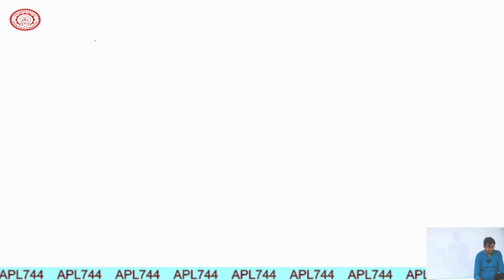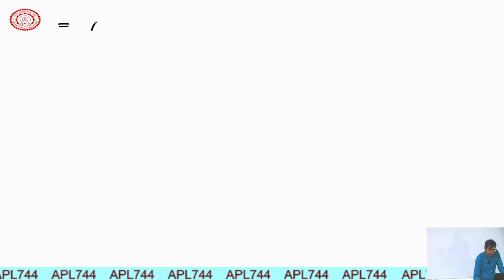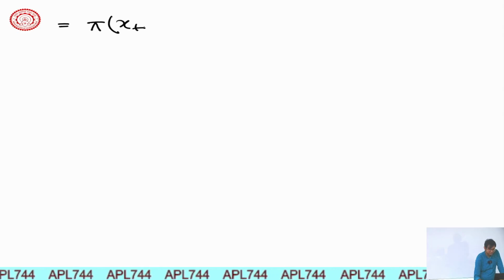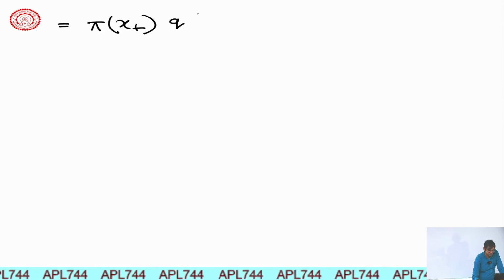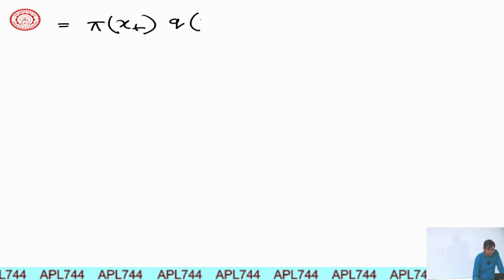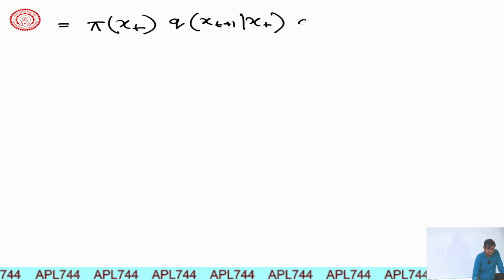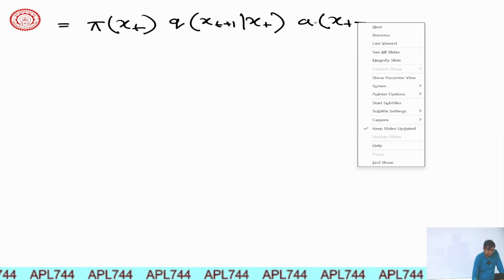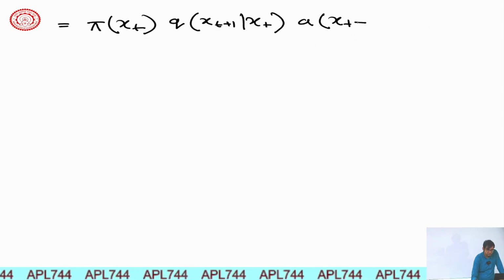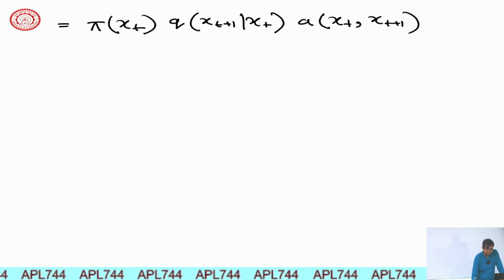So this is equal to pi of xt multiplied by q of xt plus 1 given xt multiplied by a of xt comma xt plus 1.